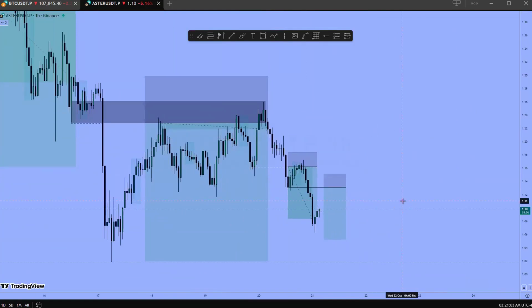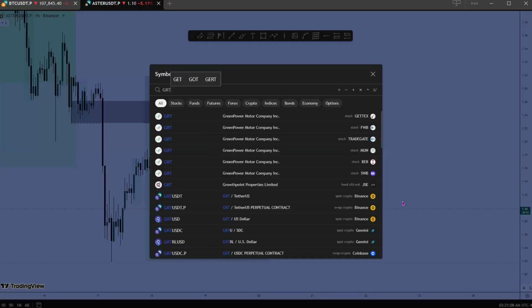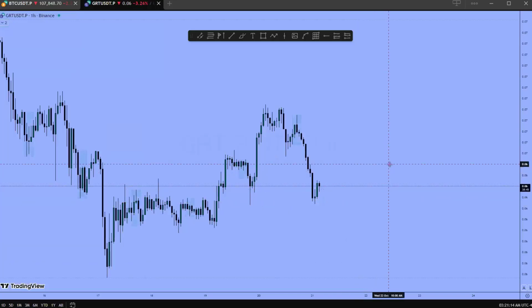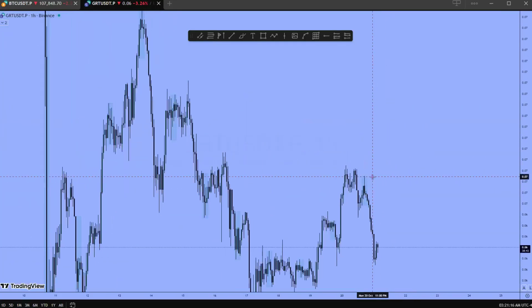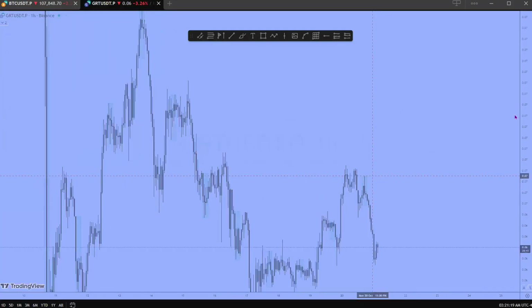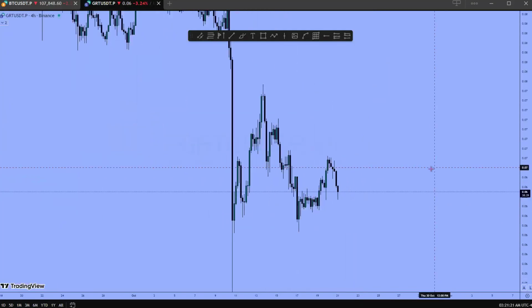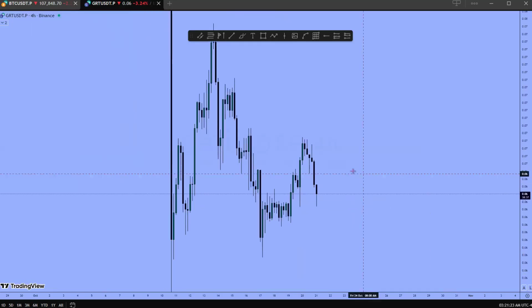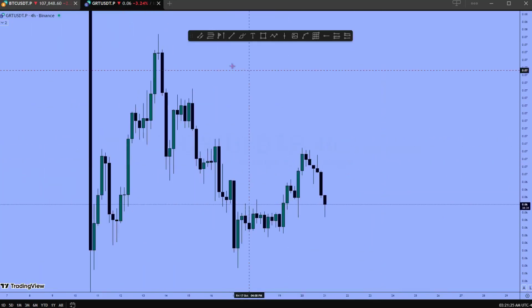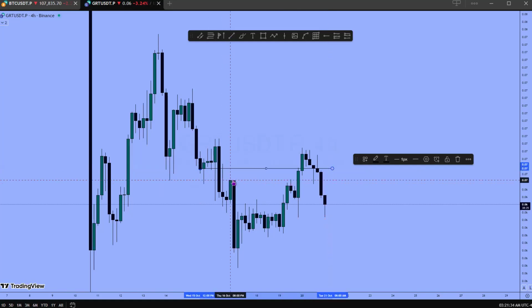For the last one, GRT USDT, 4 hour time frame. The 4 hour time frame will have a key level here at this point. Is a key level. Is our inducement.